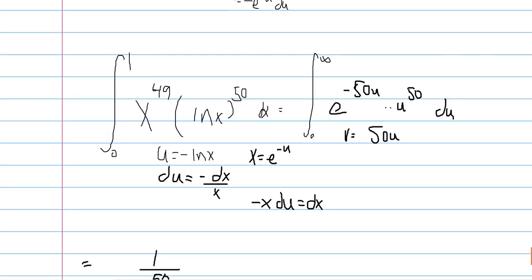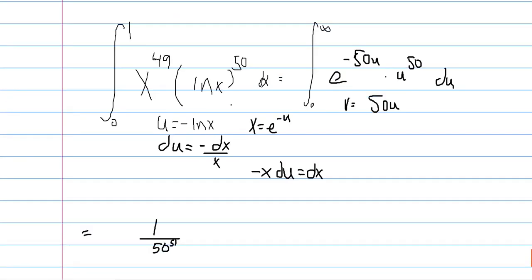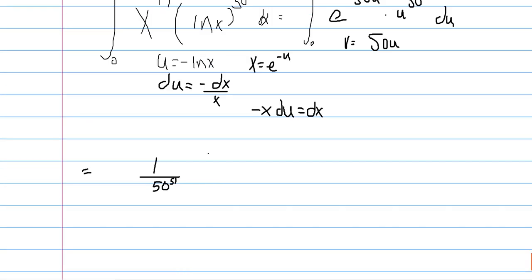But then also u, which is v over 50, will have v to the 50 divided by 50 to the 50. So if we factor that constant out, we get 1 over 50 to the 51, and then times our integral, e to the negative v times v to the 50 dv.